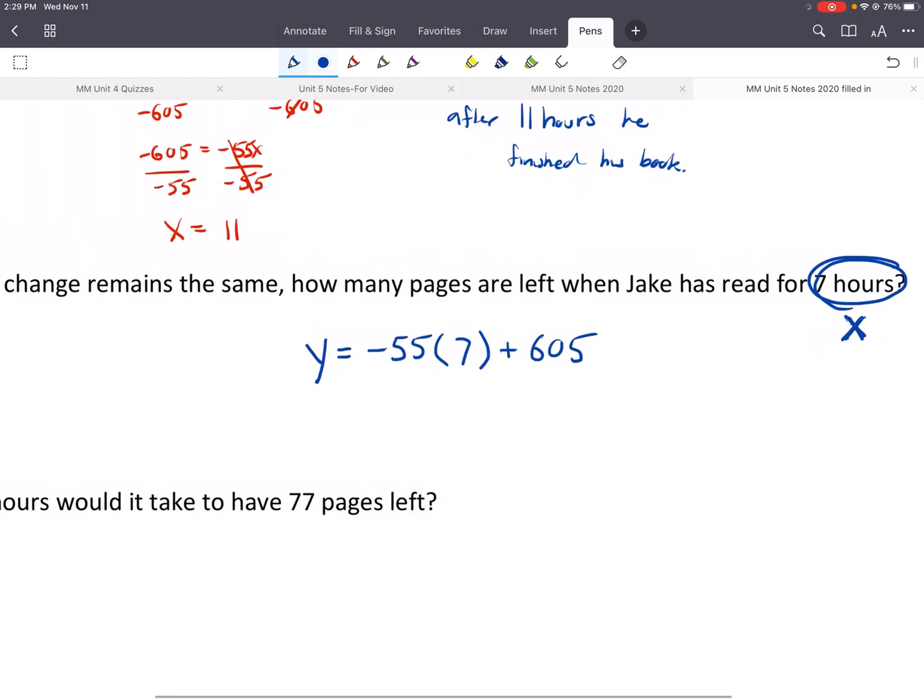You can just use your calculator: negative 55 times 7 plus 605, and we end up getting y is equal to 220 pages. So he would have 220 pages left to read.